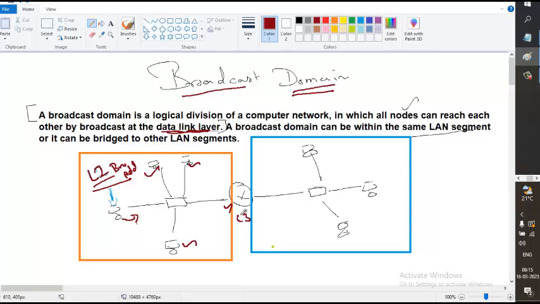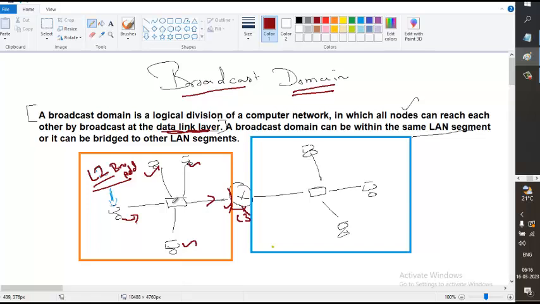It won't allow layer 2 broadcast to pass through, because there is a broadcast controller there, a broadcast domain there. When a broadcast packet comes, it will come only up to here. It won't be allowed to pass through, because every port on a router has one controller.